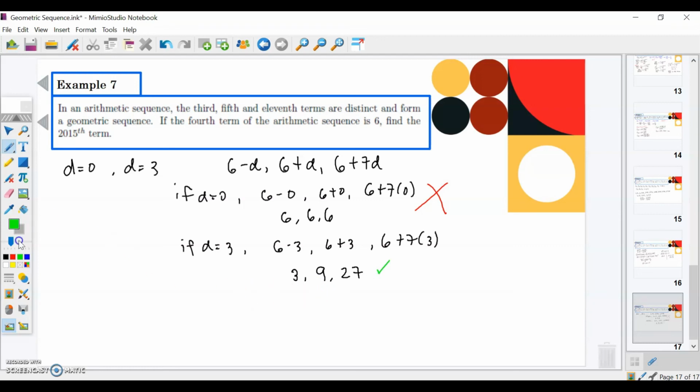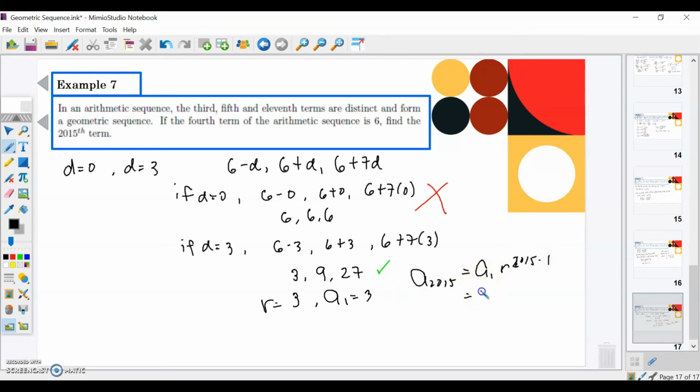If we're going to take a look at the sequence that we have here, the common ratio in this geometric sequence that we have is 3. Okay? So using this and the given a sub 1, which is 3, we can find the value of a sub 2015. A sub 2015 is equal to a sub 1 multiplied to the ratio raised to 2015 minus 1.